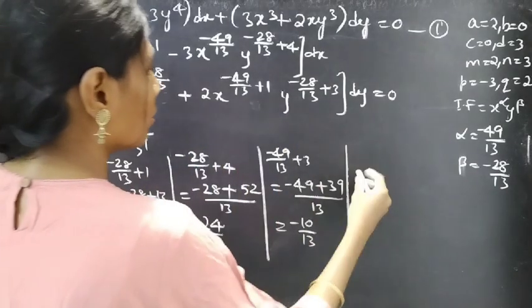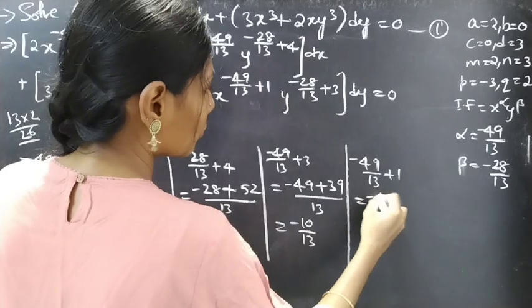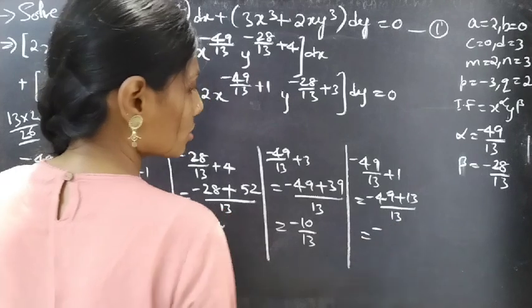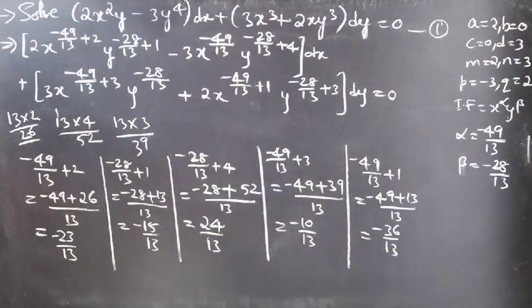And minus 49 by 13 plus 1 gives minus 49 plus 13 by 13, which gives minus 36 by 13.